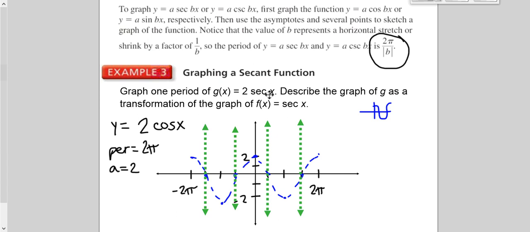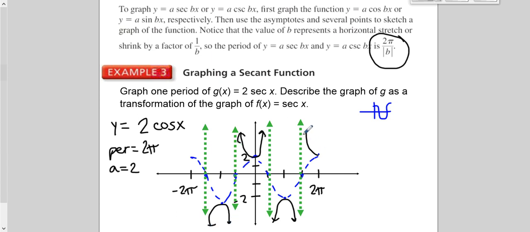And now we will draw our secant graph. So off the top of this hill, I'm going to draw a U-shaped curve. We'll get some down here too.